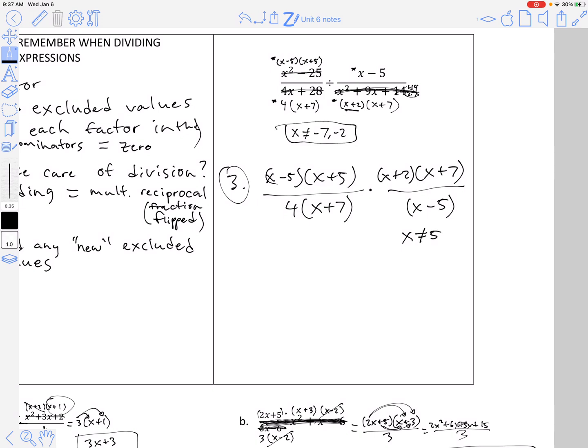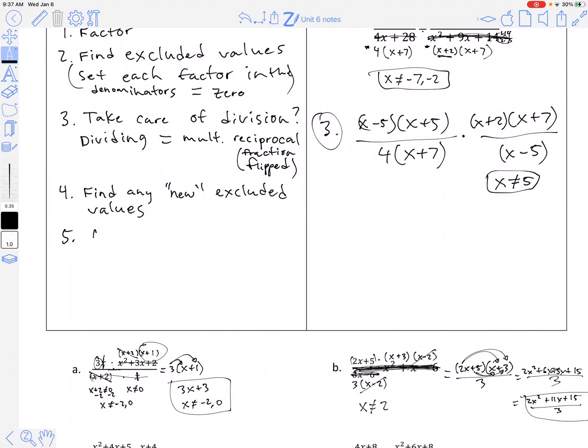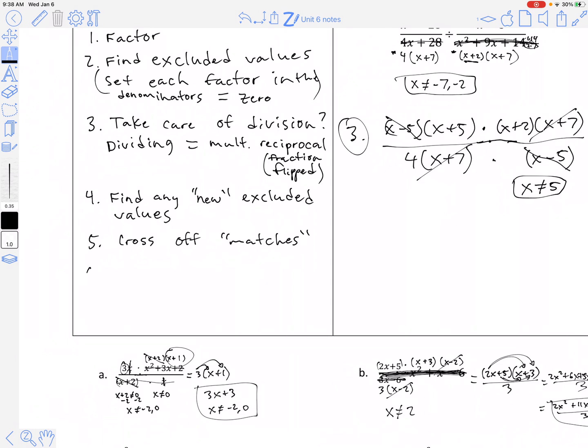So I'm going to just box those in real quick. Okay, and then 5, you're going to cross off matches. Remember, matches are the things that are going to cancel out and become 1. So x minus 5 divided by x minus 5, because technically this is all together, would go to 1, and then the rest of the problem would stay the same. X plus 7, see ya, right? And then the last step, we are going to combine our leftovers.